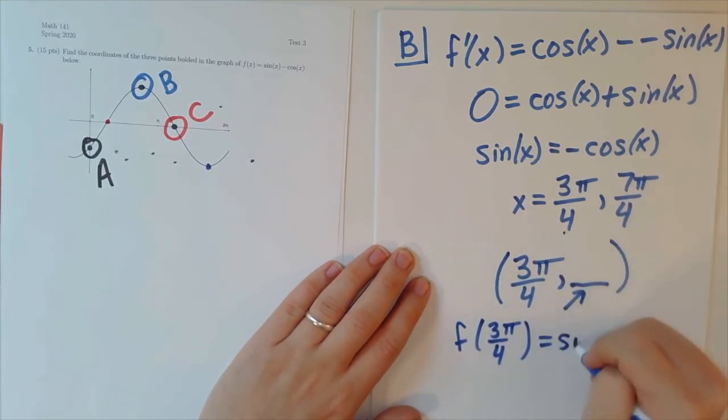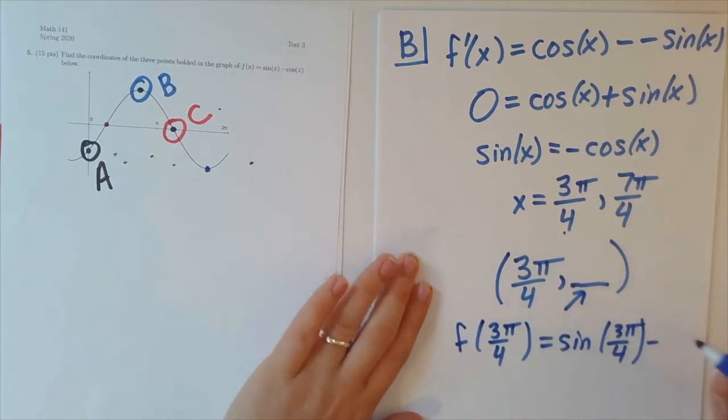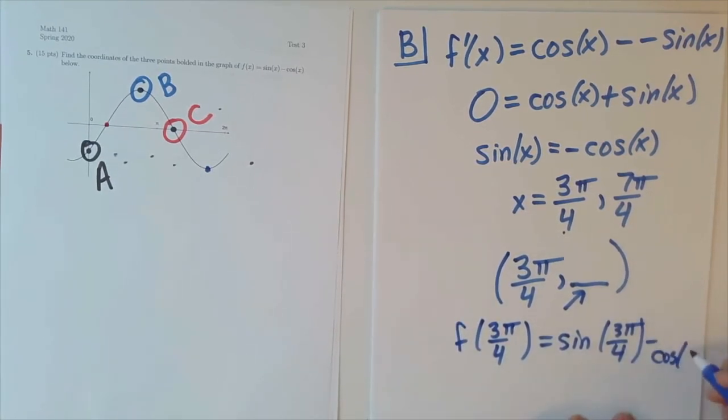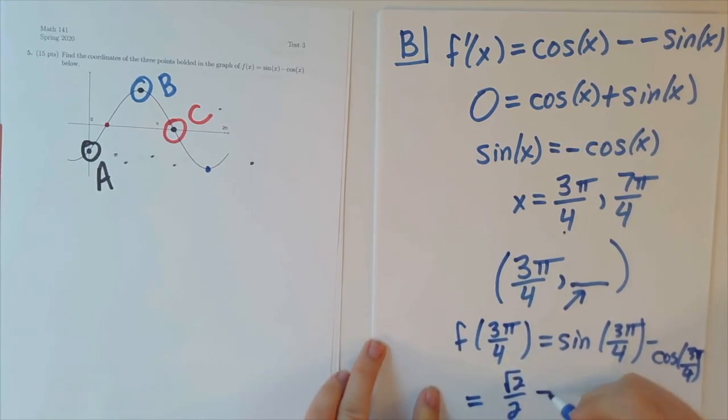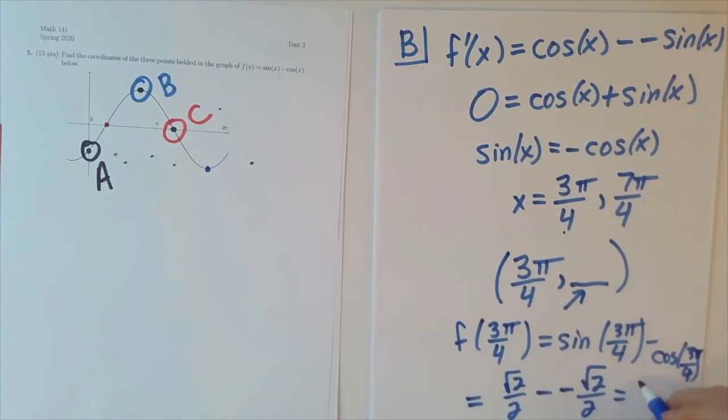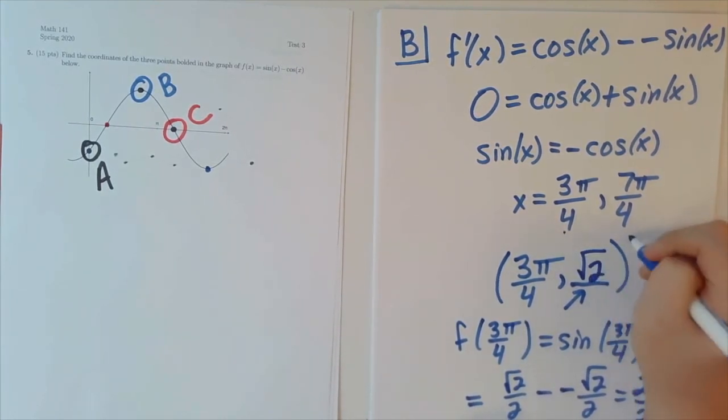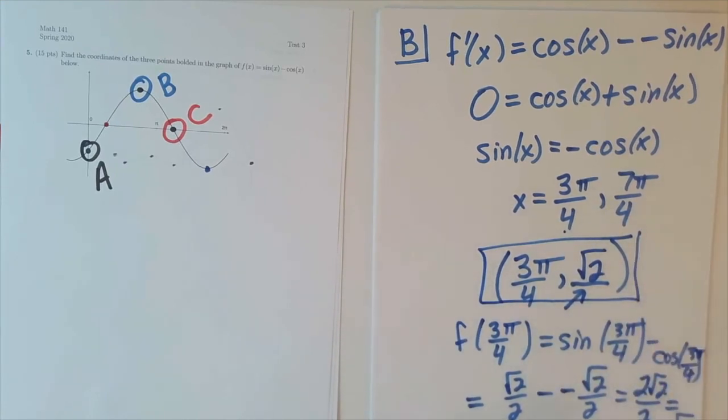That's sine of 3 pi over 4 minus cosine of 3 pi over 4. Well, what's sine of 3 pi over 4? It is root 2 over 2 minus, and then cosine of 3 pi over 4 is minus root 2 over 2. So that is to say this is 2 root 2 over 2, or just, if you want, root 2. So that is the coordinates of point B.